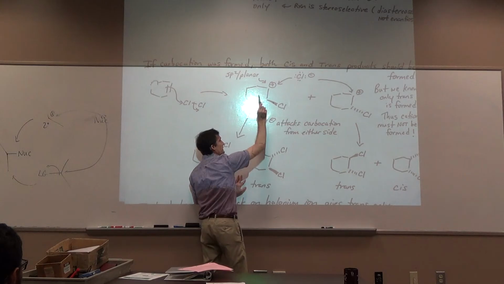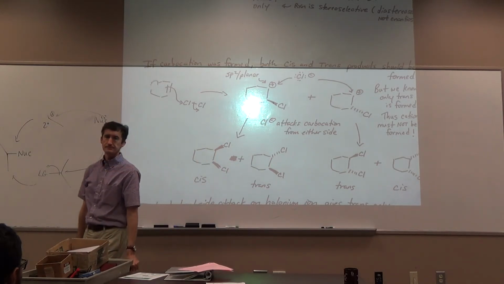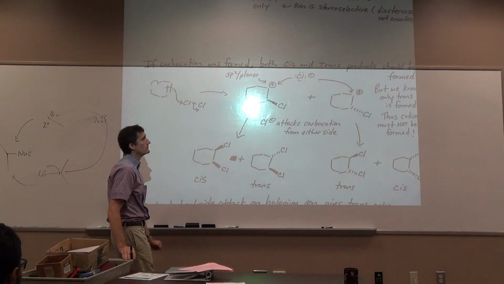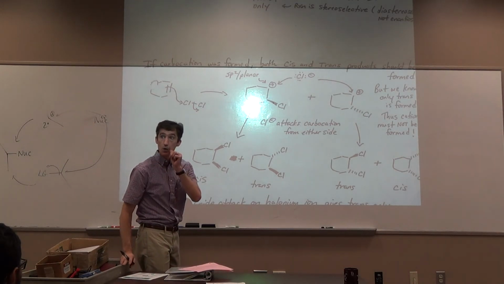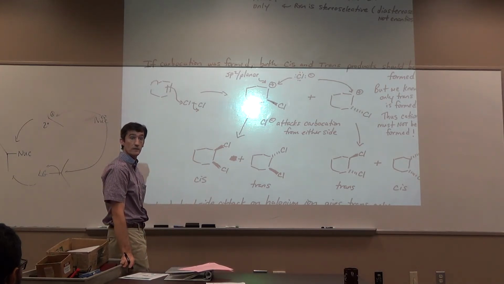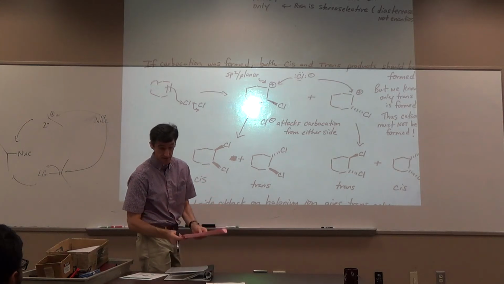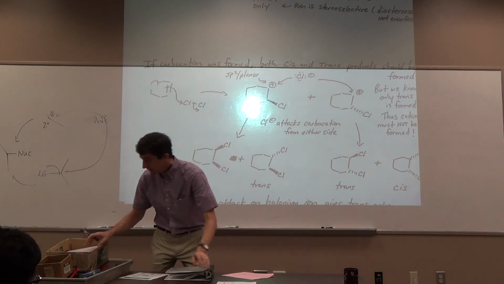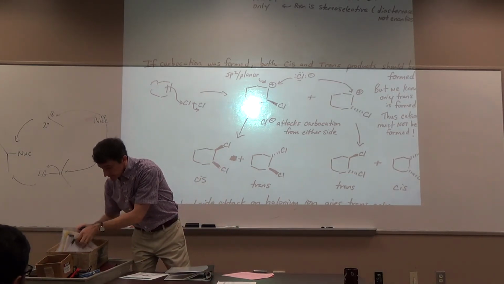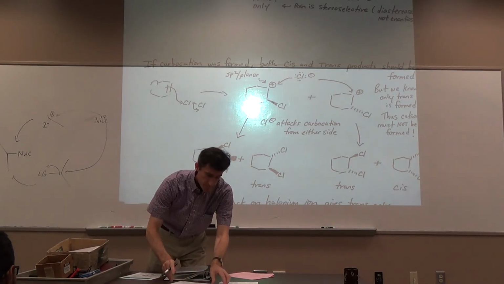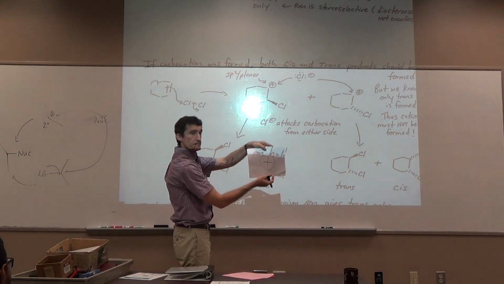What's the hybridization and geometry of the carbocation? sp2, trigonal planar. Planar is the important part. The cation is planar. Here's the planar cation.